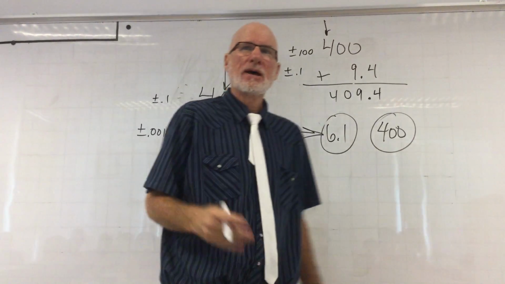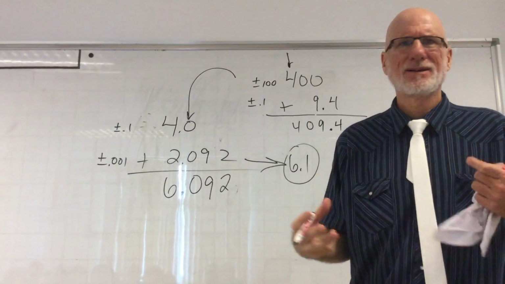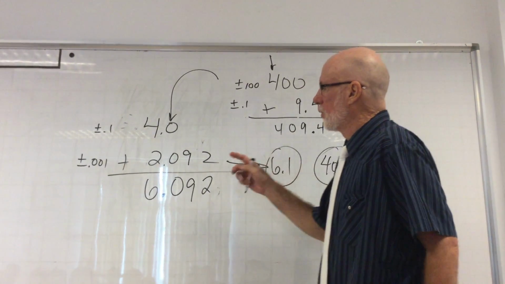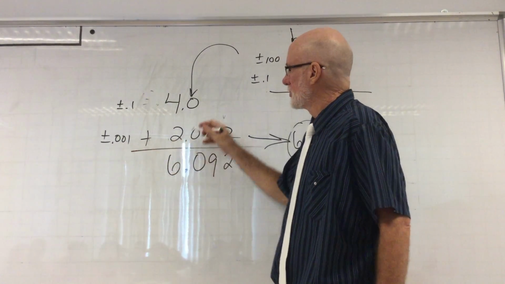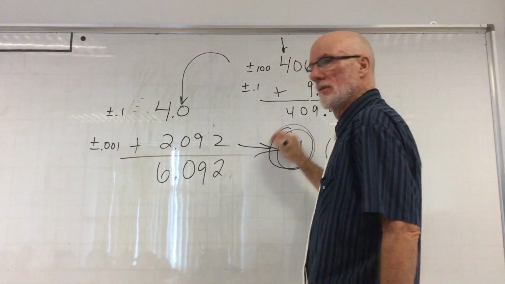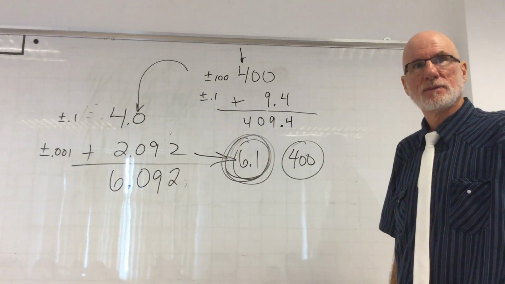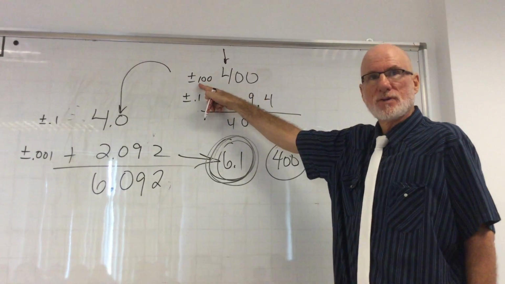Right? Now notice I didn't say lowest precision because that might be confusing, right? So I said worst precision. It's a little clearer, I think. So what's worse, 0.1 or 0.001? 1. Right, so that's what your answer has to be in. You get it? Yeah. What about this one? Hundreds, right?